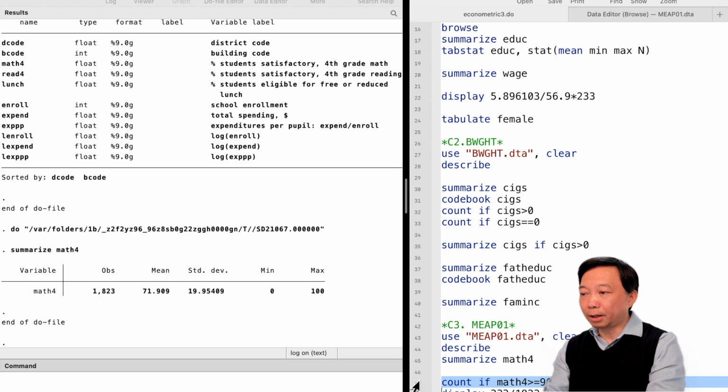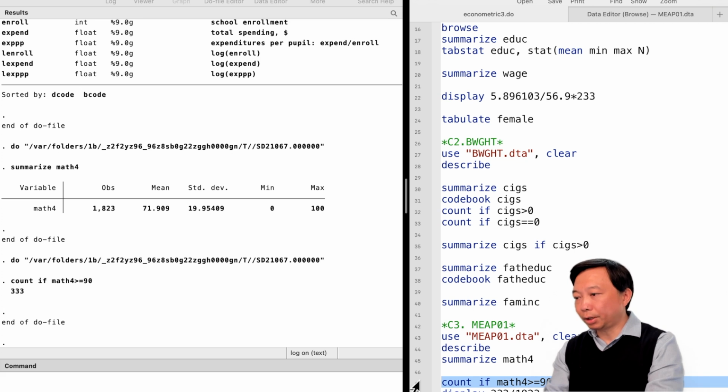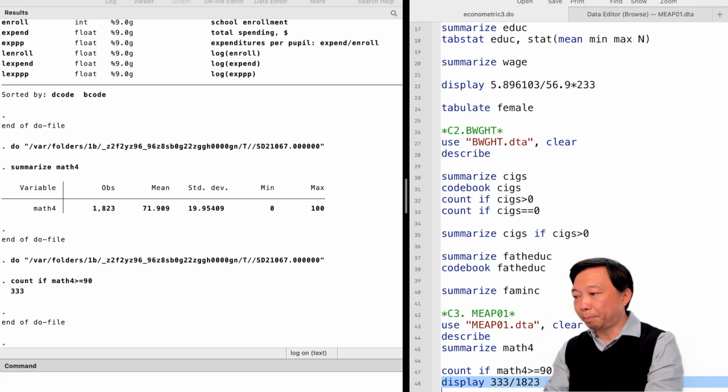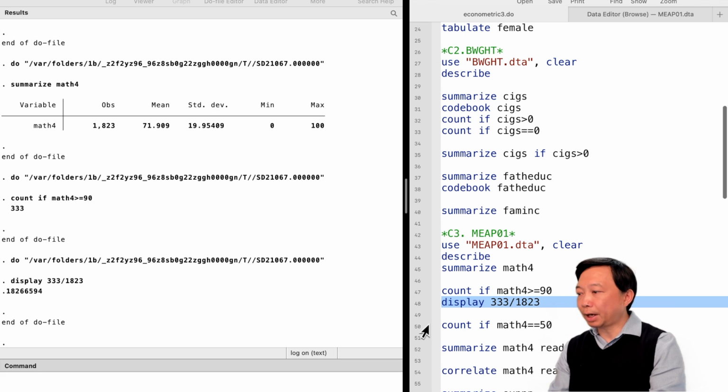I could not find the perfect pass rate on the math test in the sample. If we define a perfect pass as a pass rate of 100%, then 333 schools have a perfect pass rate, which is 18.3% of the total sample.